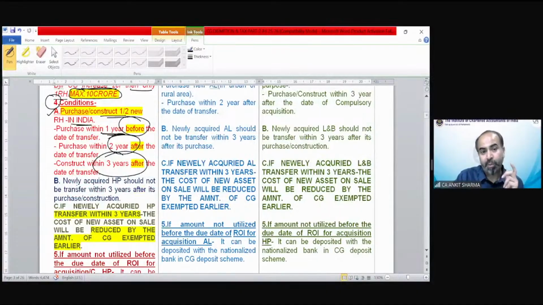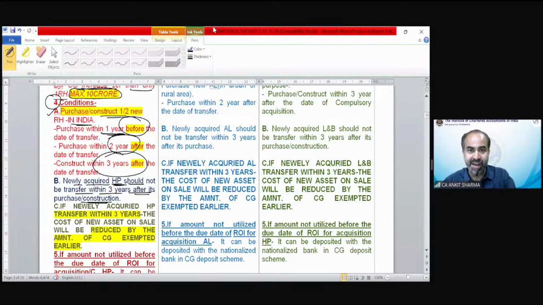Newly acquired property. I told you there are some condition and now there are some restriction for future also. If you have claimed the exemption for the property you have purchased or constructed, then that new property for which the exemption has been claimed, you cannot transfer within 3 years after its purchase or construction.